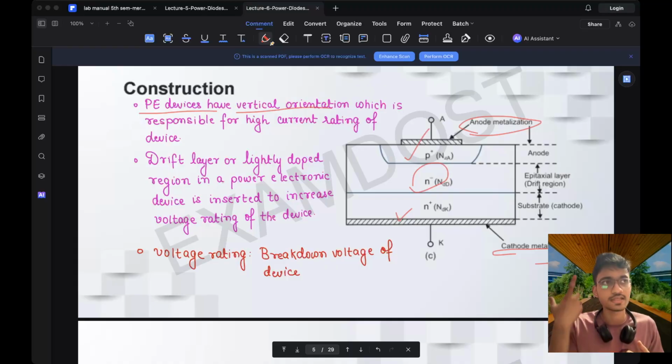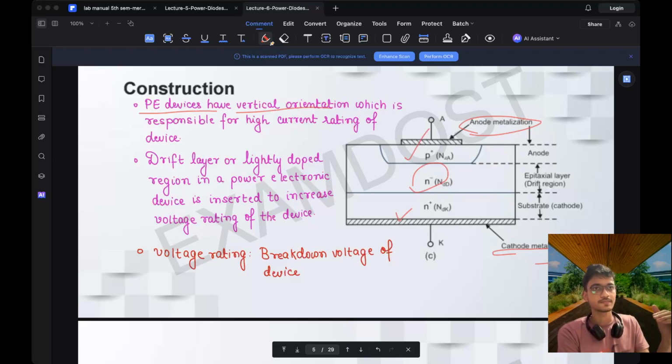So the avalanche breakdown will be higher, because it is inversely proportional to the doping concentration. The doping is less, so the breakdown will be at higher voltages. The breakdown voltage says that the voltage rating is more, which means we can run it at higher voltages. Got it.